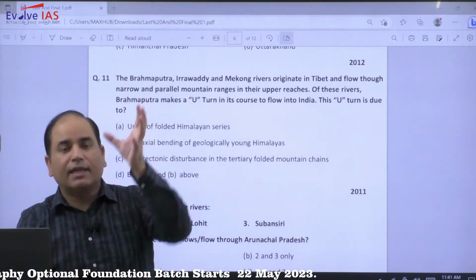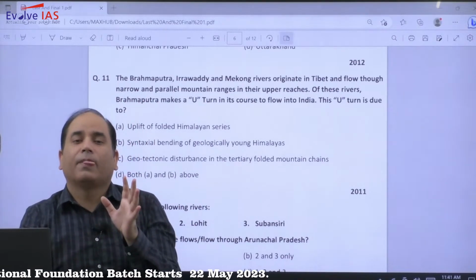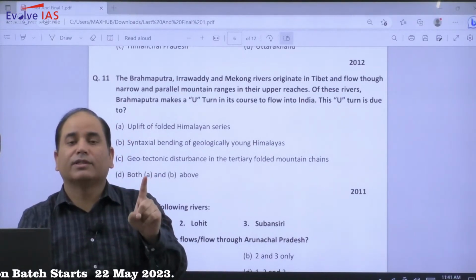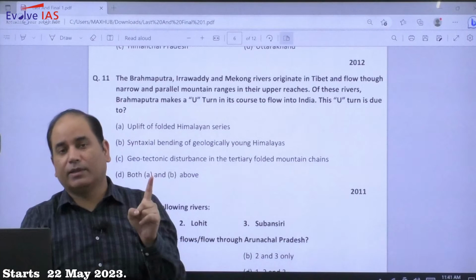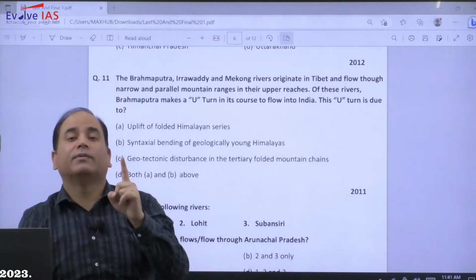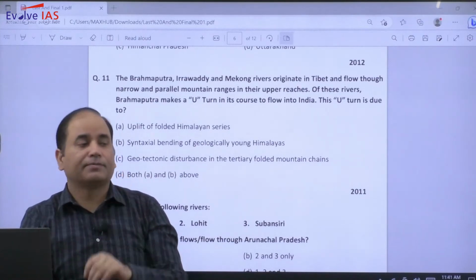So we have the Kailash range, Mansarovar lake, and near Mansarovar lake the Indus river originates, the Satluj river originates, and from the same source the Brahmaputra river originates.